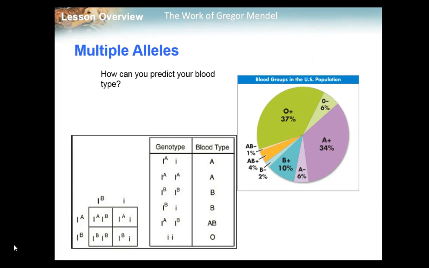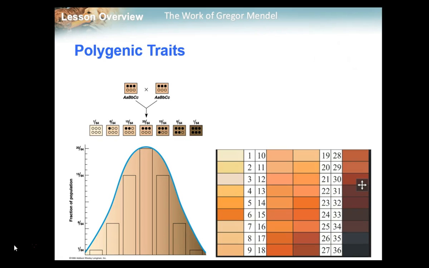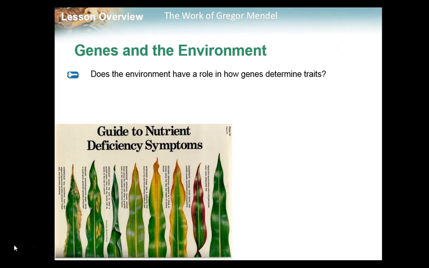In blood typing, A and B were both dominant, and type O was recessive, and there were all sorts of interactions that could happen there. We talked about polygenic traits, when you have lots of genes coding for the same trait, and how that can change the expression of a trait, or can change the way that we take a look at genetics.